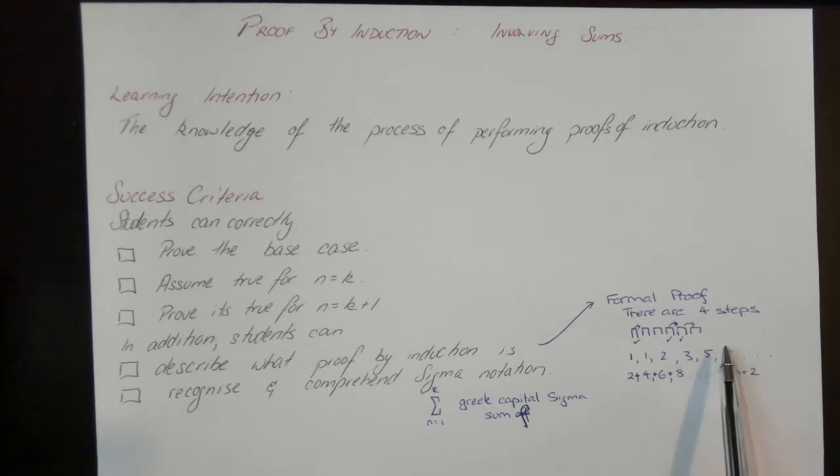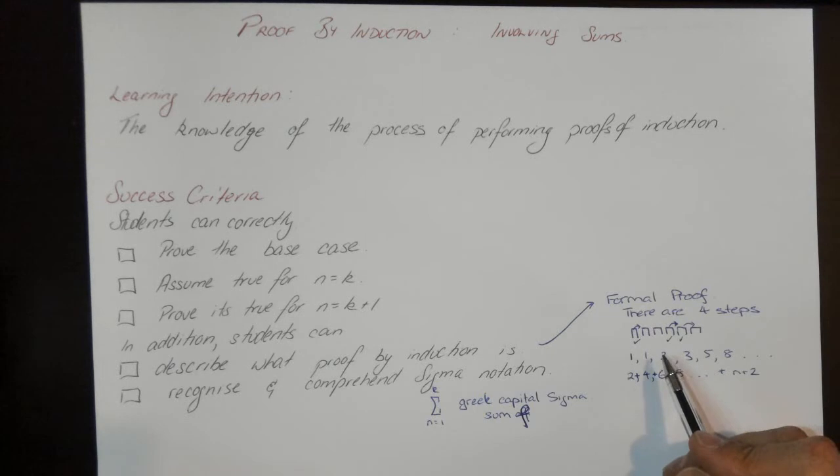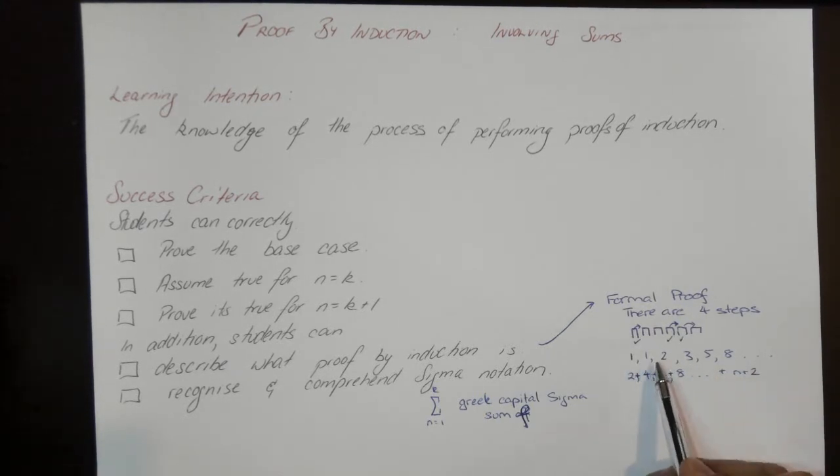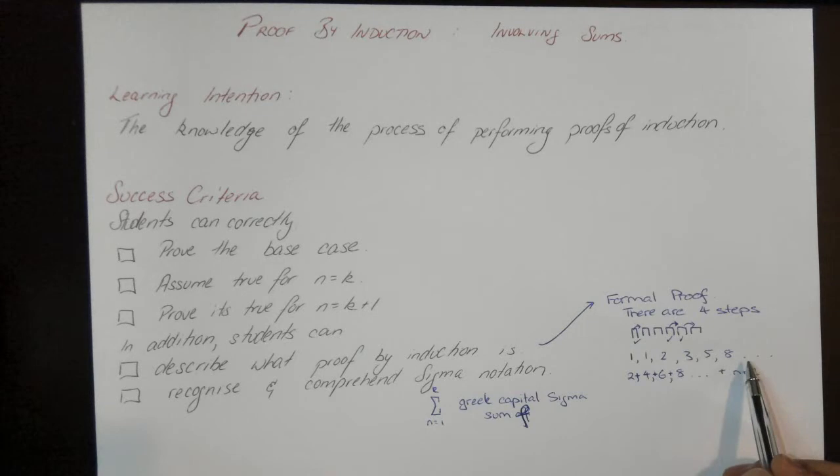A lot of the things that we'll be dealing with, if you haven't done series and sequences yet, it doesn't really matter. But just a quick recap: if you have a pattern of numbers, we call that a sequence, such as the Fibonacci sequence, or the sequence of all even numbers. As soon as you put an addition or subtraction between these terms, it becomes a sum.